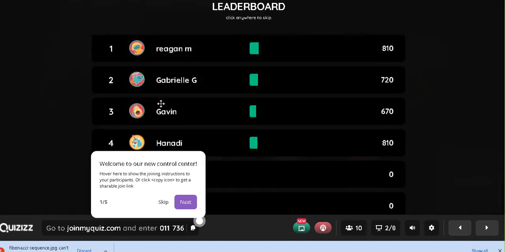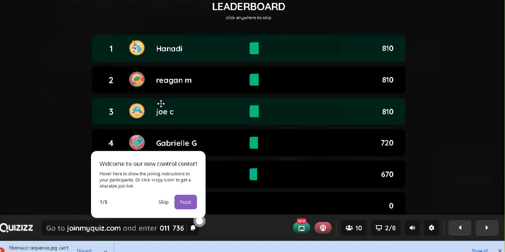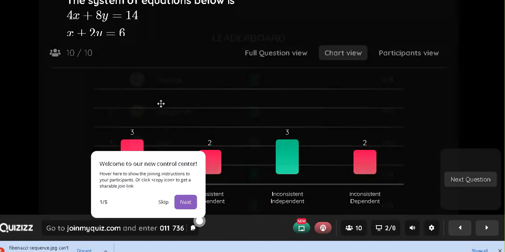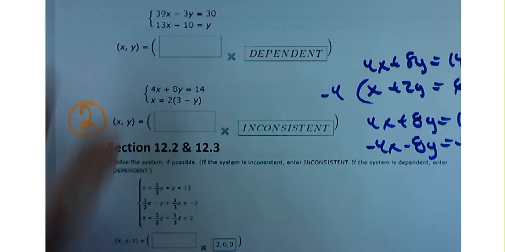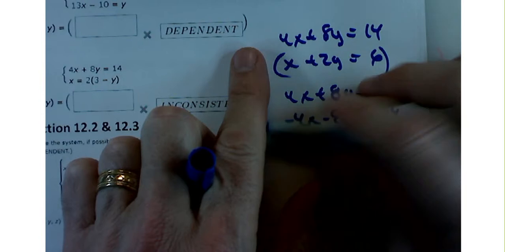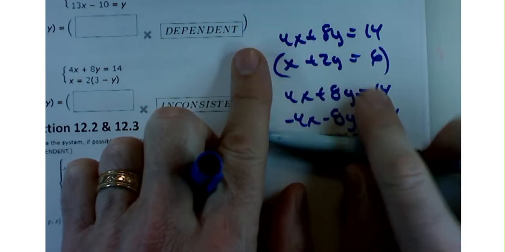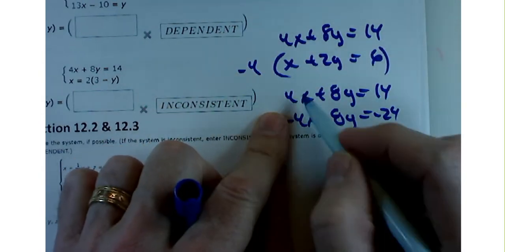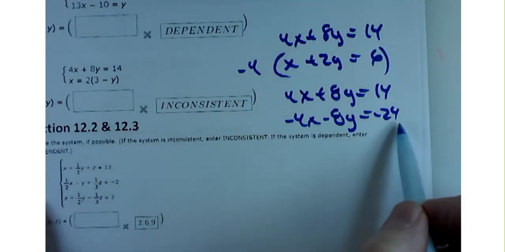All right. Let's take a look at something here before we do the big reveal. If you multiplied the bottom equation by negative 4, that gives you something like this.